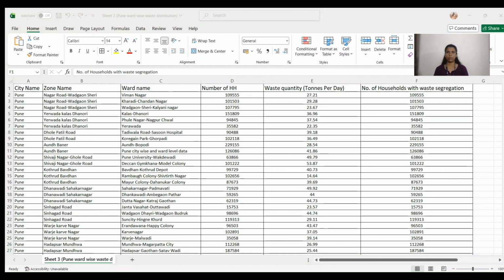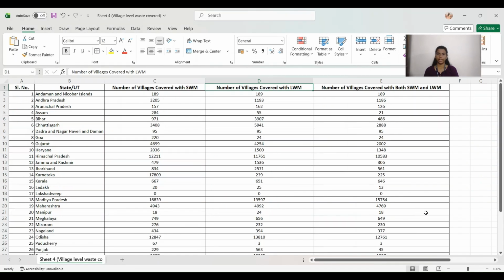It shows the number of households that indicates population coverage. It also covers the waste quantity that shows ward level waste generation. And it also shows the number of households with waste segregation that shows segregation participation. Using this, we can identify high waste wards and segregation gaps at the local level.